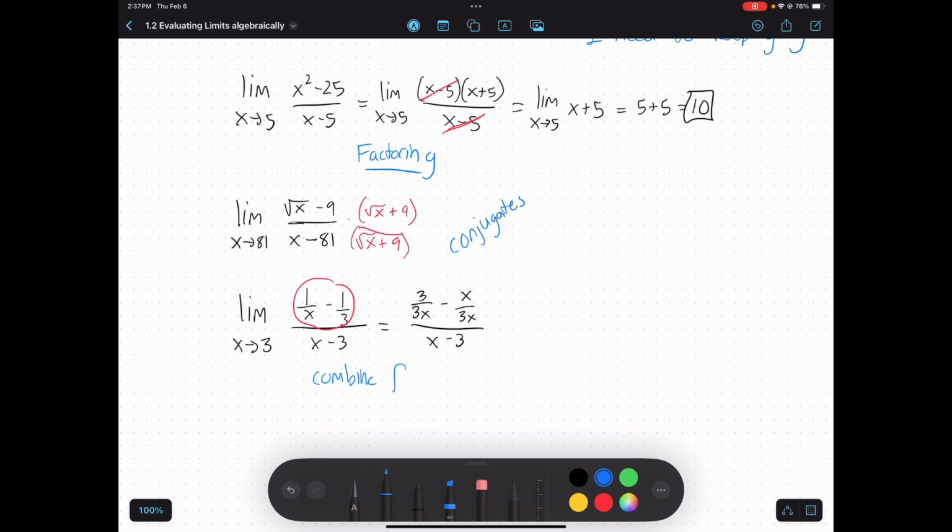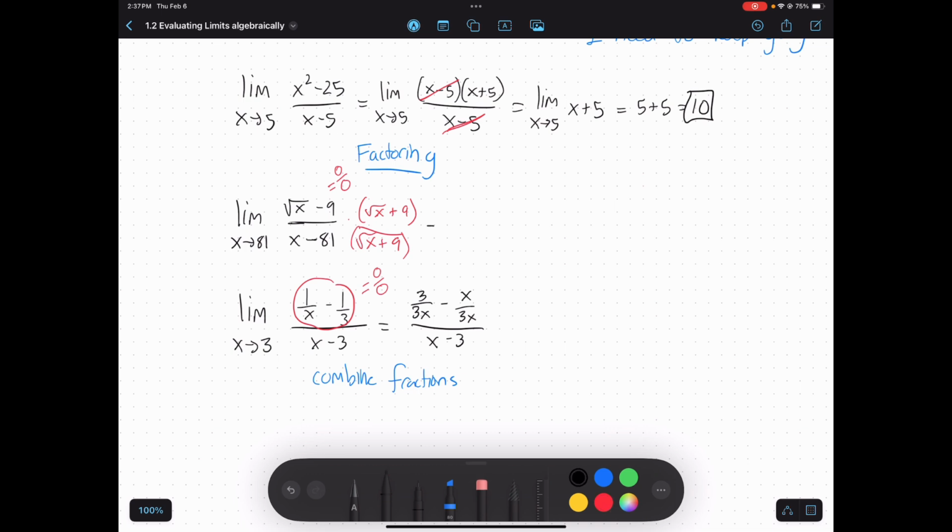I can also combine fractions. That's another tool I can use. Okay, so these three different algebraic tools can help us evaluate limits that otherwise would just give us 0 over 0. If I don't do that, I'm just going to get 0 over 0 again. I'm getting that indeterminate form. These are tools that we can use to evaluate these different limits that would otherwise give us 0 over 0.